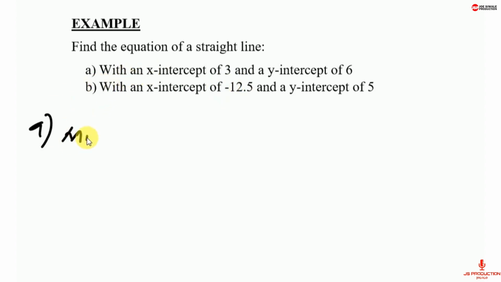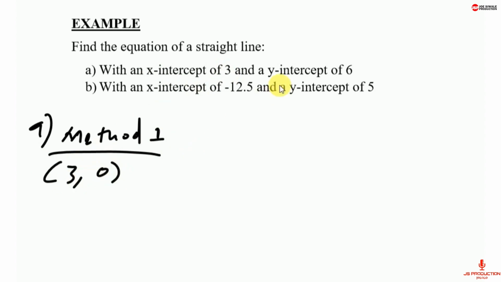In method 1, our x-intercept is 3, so that's 3 comma 0. Then our y-intercept is 0 comma 6, and since we have that information, we can calculate the gradient.